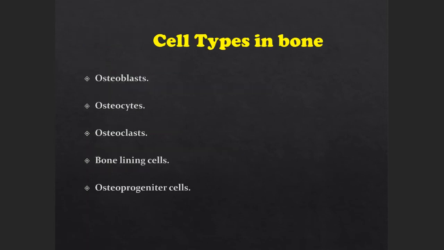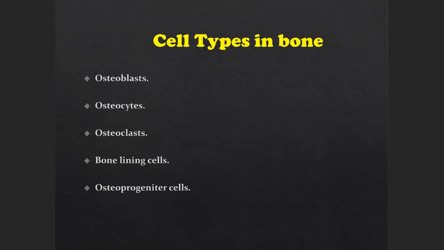Now, what are the cell types? As we have discussed the cell types in cartilage, the chondroblast and the chondrocyte, the same applies here, only the term is different. Here, as it is related to bone, it is called osteoblast, a bone forming cell. Osteocyte is a mature bone cell. Osteoclast, now this is new. Osteoclast is a bone resorption cell, or in very simple words, bone eating cells.